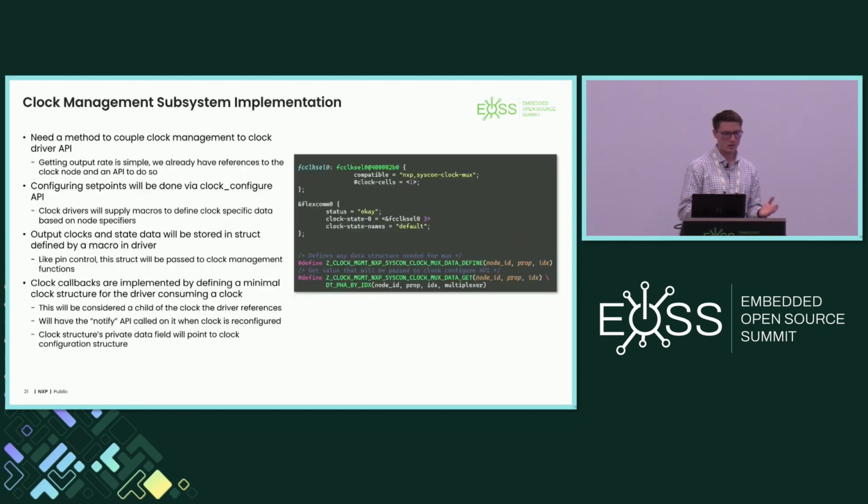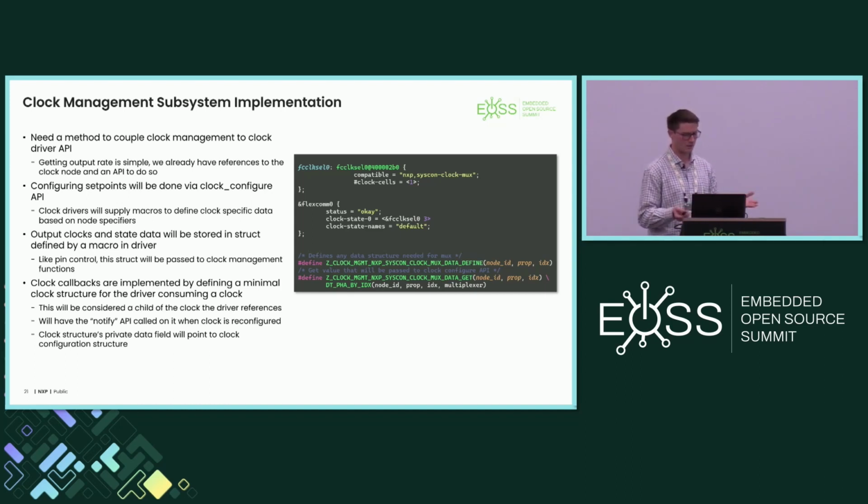So now how do we implement the subsystem? I mentioned in the last slide how we're going to pass these specifiers through. These macros are what we use to actually extract those values. So these kind of look like what you see in pin control.